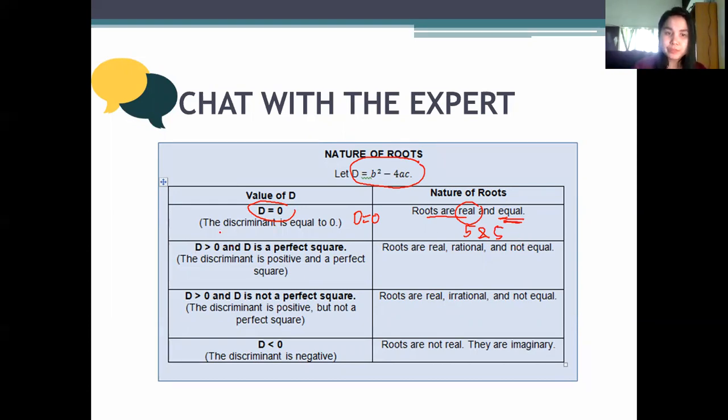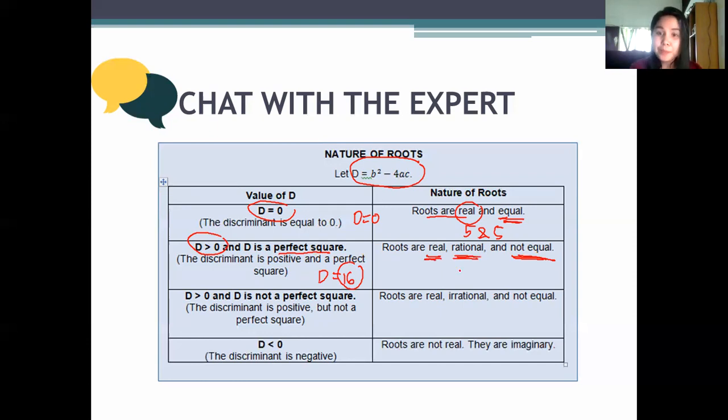The next one, if the discriminant is positive and it's a perfect square, then it means that the roots are real, rational, and not equal. For example, if my discriminant is 16, and remember 16 is a perfect square, then my roots are real, rational, and not equal.